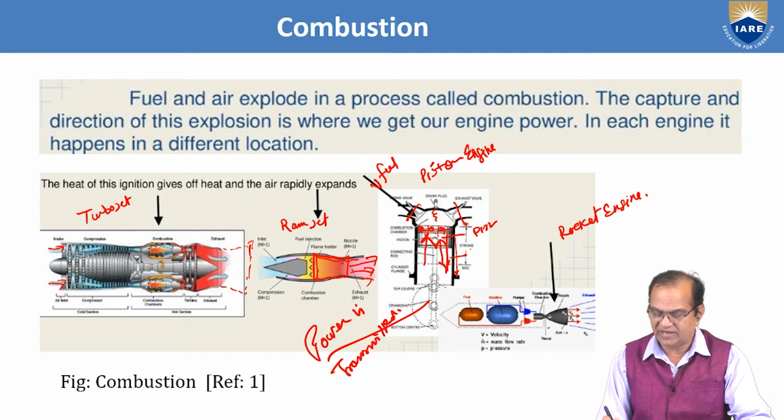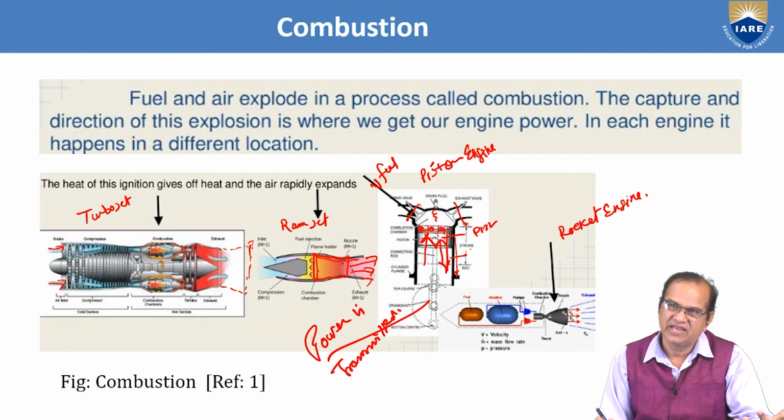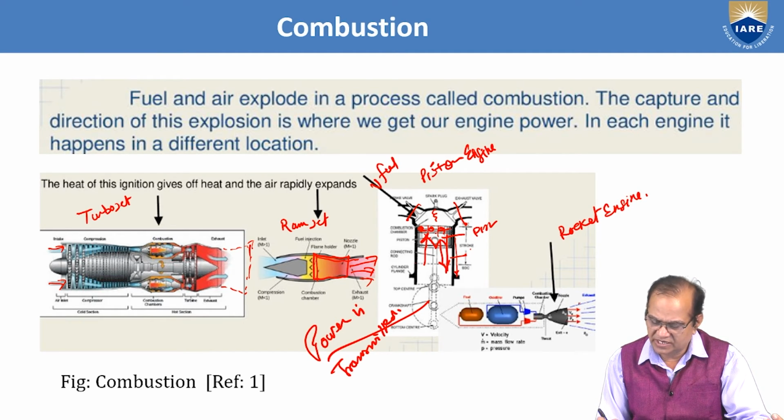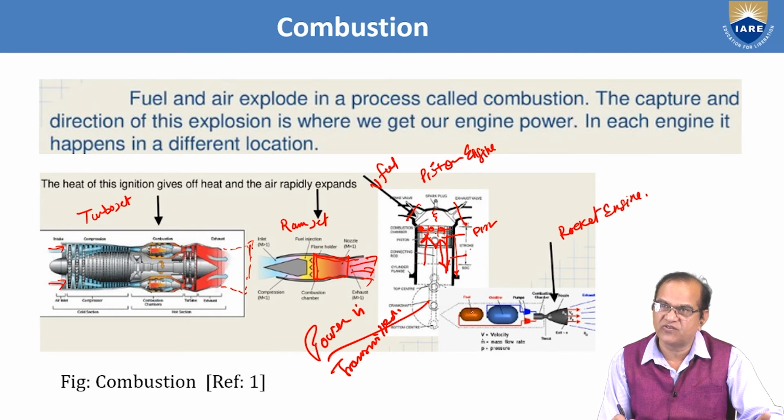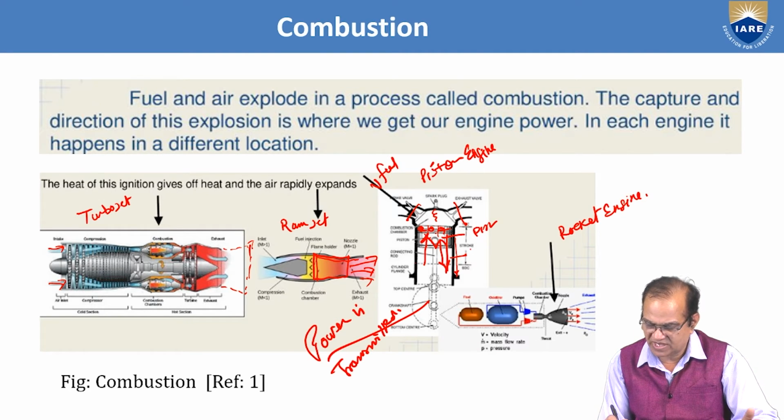But about the rocket engine, in the rocket engine it can go above the atmosphere where air and oxygen are not available, because we carry the fuel and the oxygen inside. So here the blue color is the oxygen cylinder and here is a fuel tank. This fuel goes to the pump and oxygen also goes to the pump.